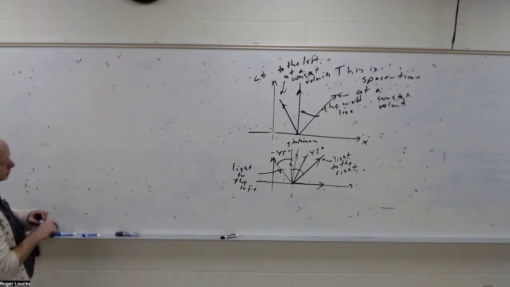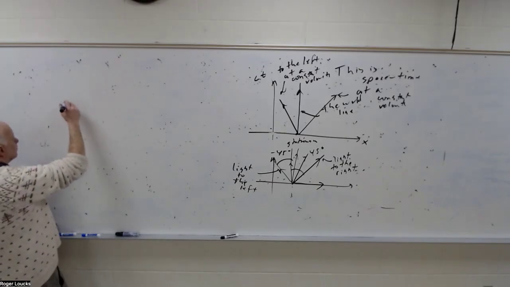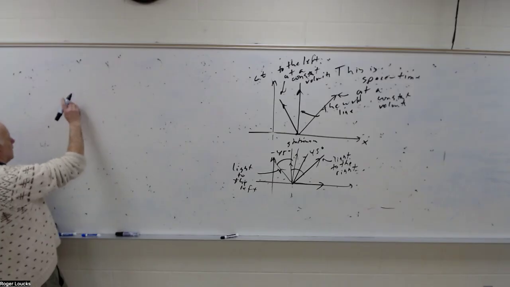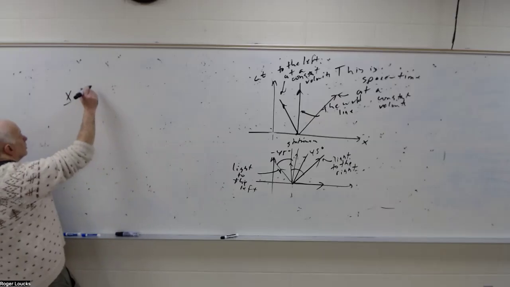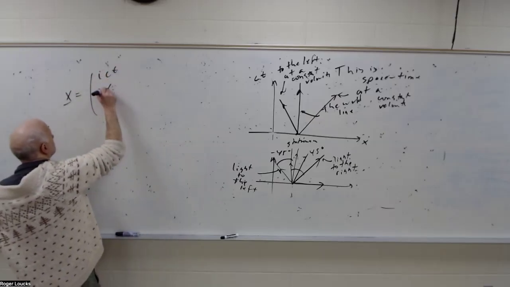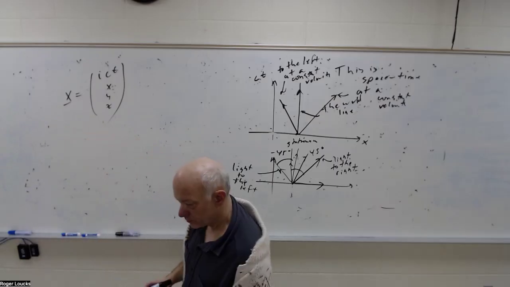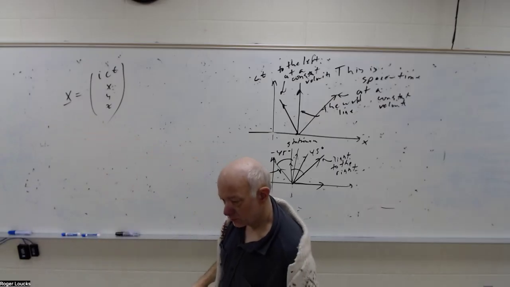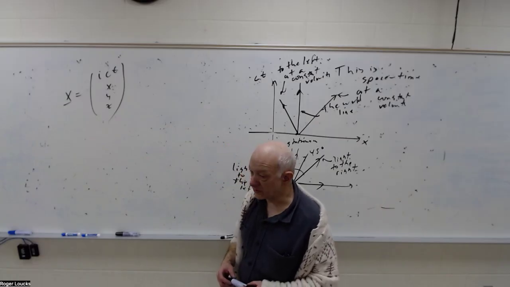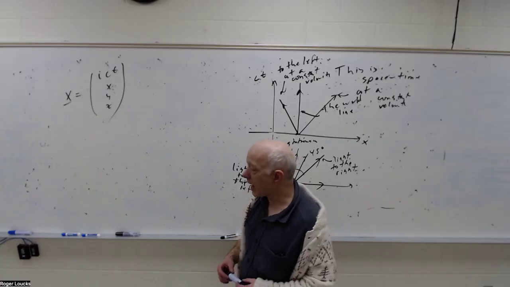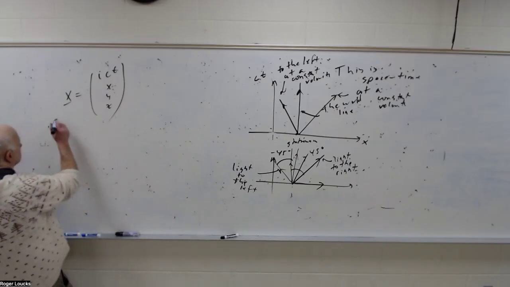Now let me convince you of that. We have this guy, we have our variable here x. I'm not gonna call that x anymore, I'm actually going to call this s.